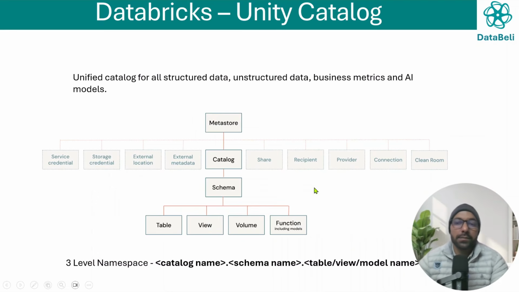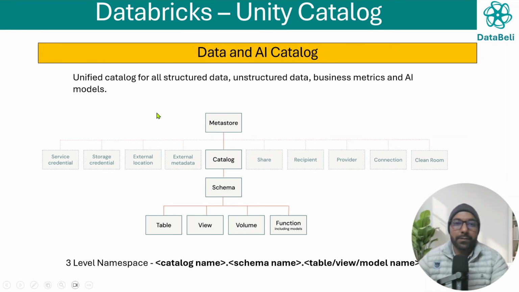Now let's understand its first feature, about the metadata management. It is a data and AI catalog, as the definition suggests. It has a unified catalog for all the structured, unstructured business metrics and AI models. Everything can be registered as metadata in Unity Catalog.